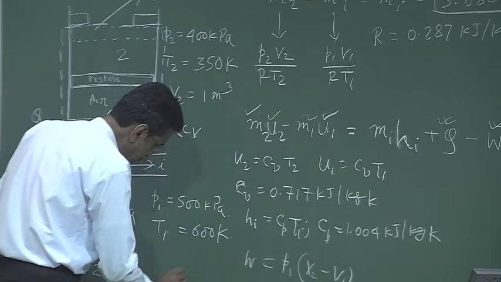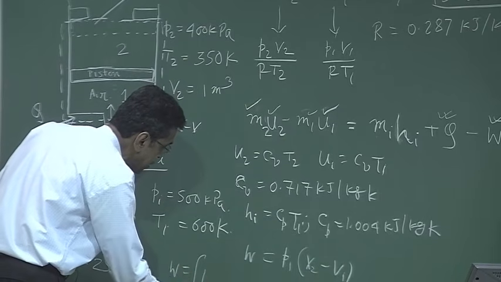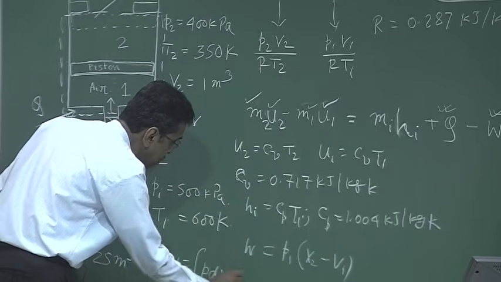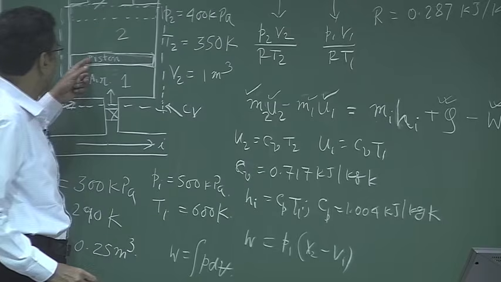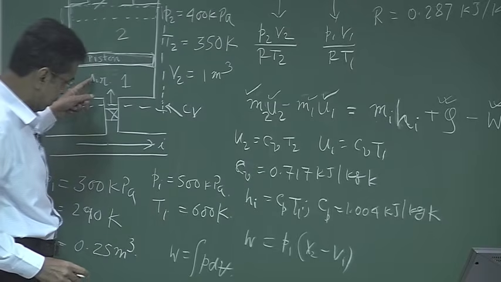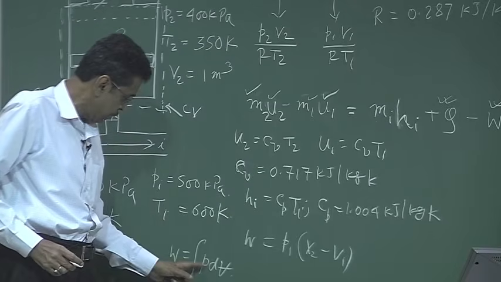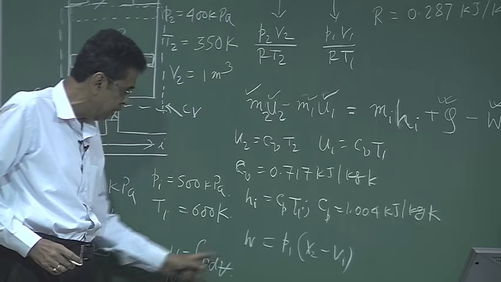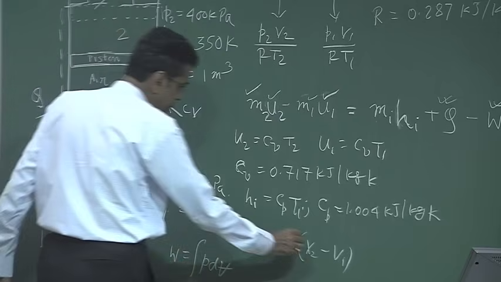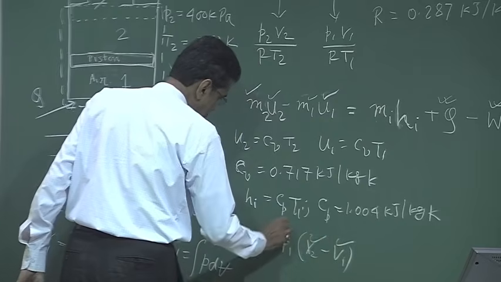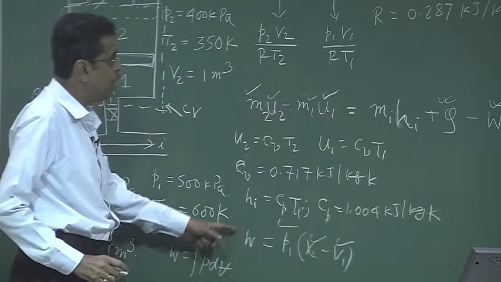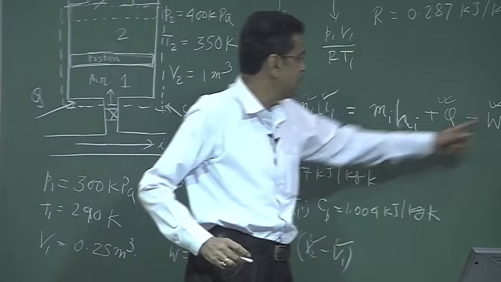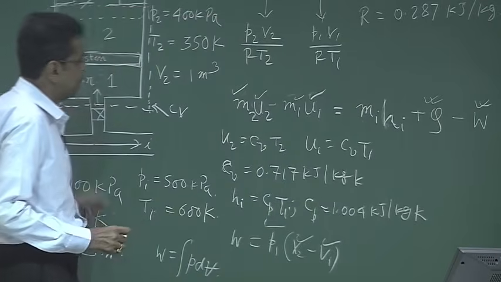Because the piston is moving very slowly, there is always a balance between piston weight and the pressure of the air. So if pressure is constant, it comes out P into V2 minus V1. We know V2, we know V1, we know P1. So independently we can find the work done.